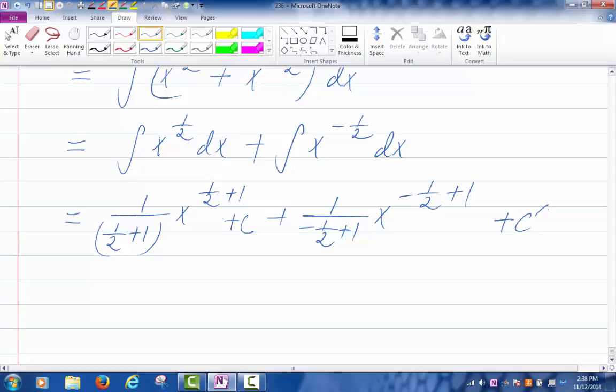Once you find one antiderivative, you add a c so that it represents all the antiderivatives. If I have a c and a c prime, well, c plus c prime just represents a constant, any constant. So it is redundant to write two of them. We are just going to write one.